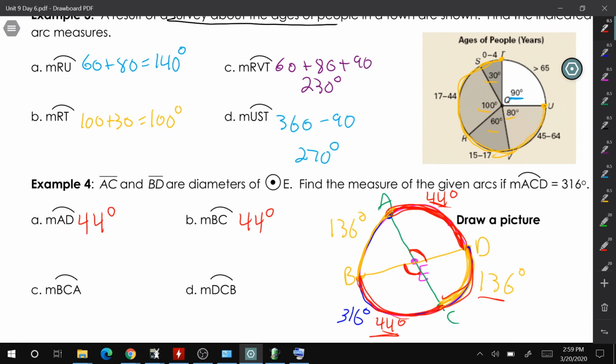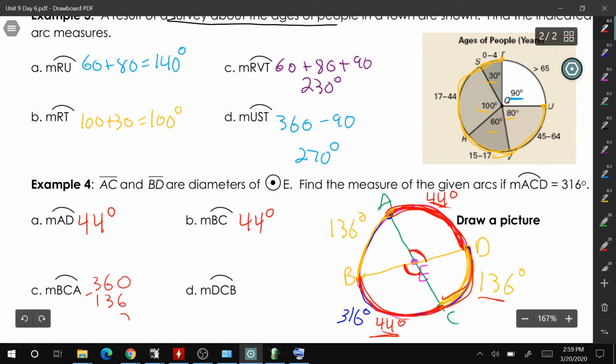So we can do 360 minus 136, and that will give us 224 degrees. And then DCB. Well, that's a semicircle, so that will be 180 degrees.